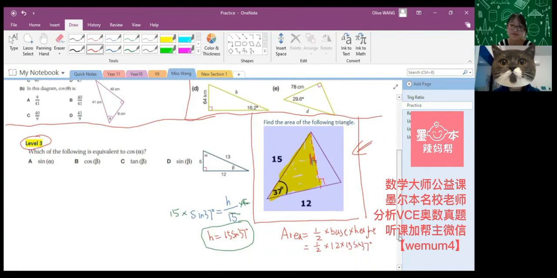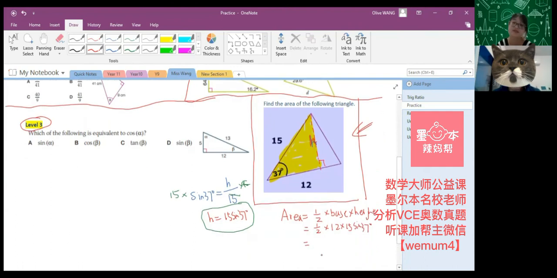That equals 90 sine 37, because you can see this one crosses out, so 15 times 6 is 90. If you have a scientific calculator, you can put this into your calculator and find out the answer.